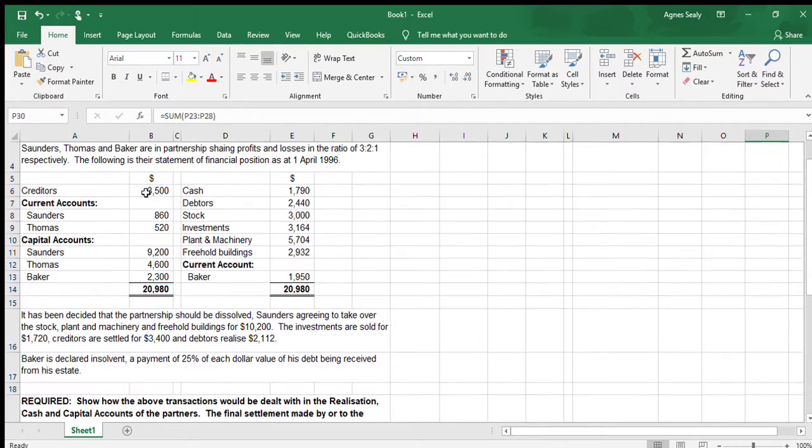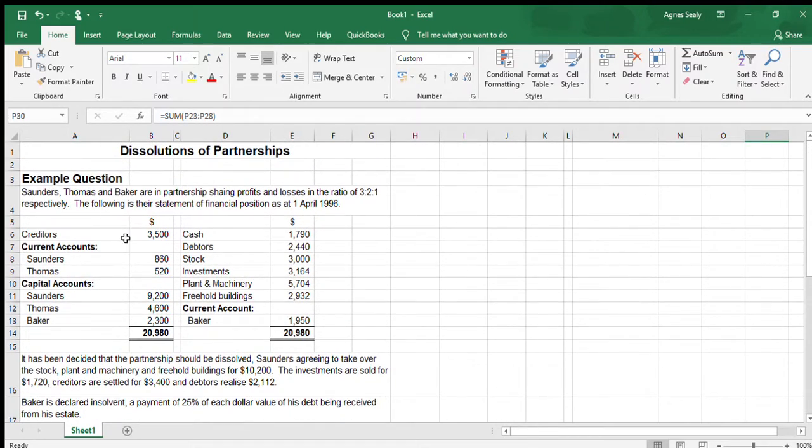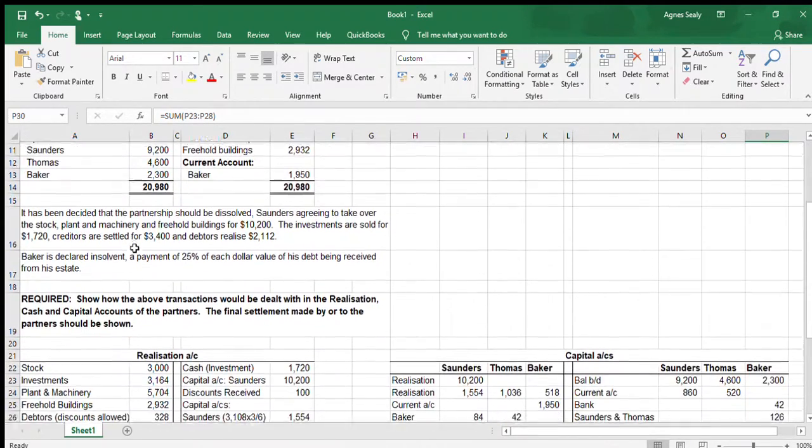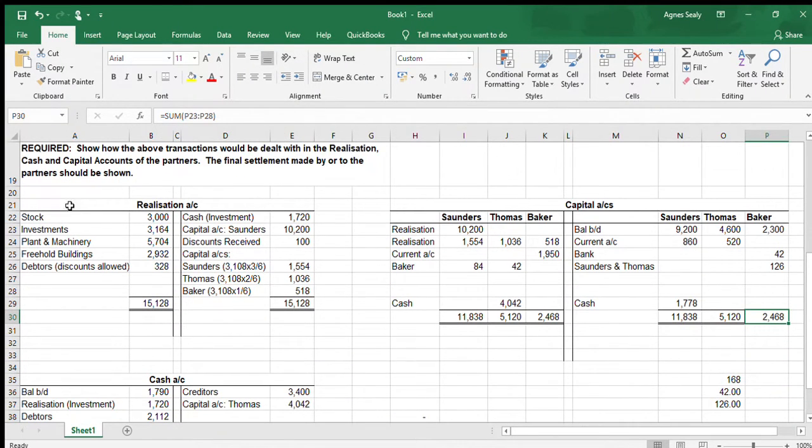So here is the example question again, and then here is our realization account. And we see that there is a loss on realization for the partners. Here are our capital accounts for our partners.